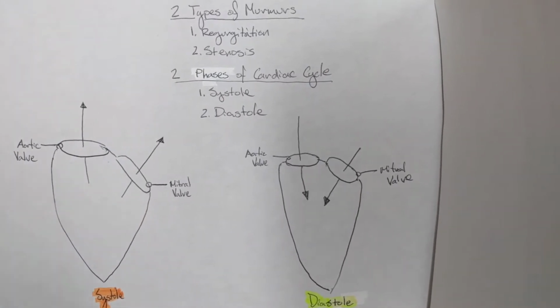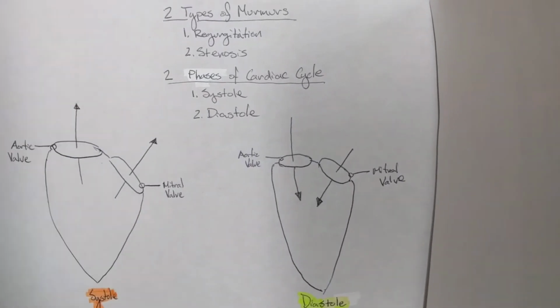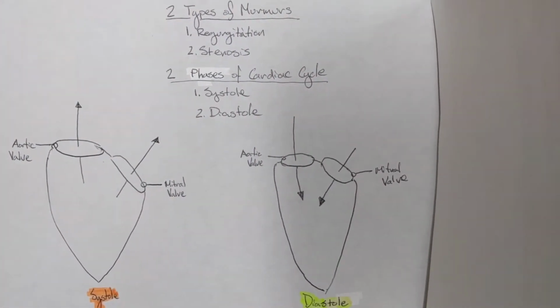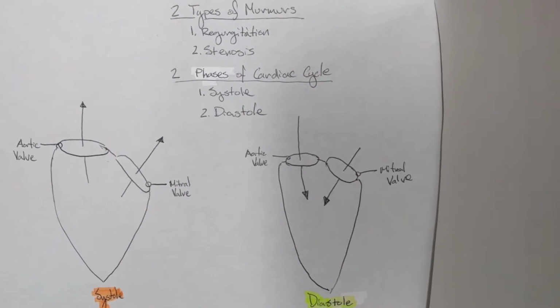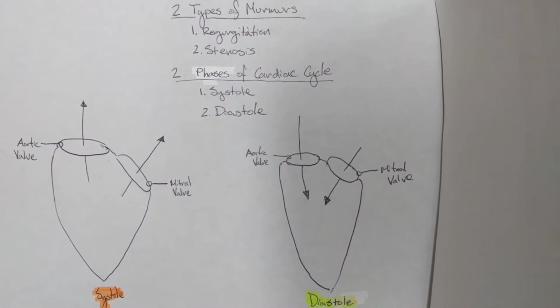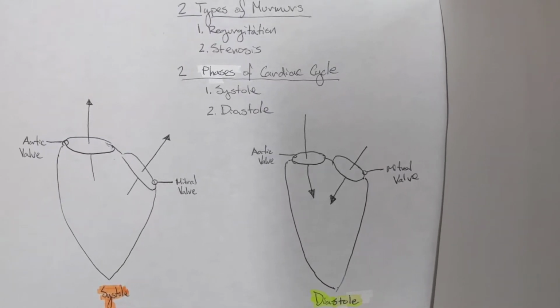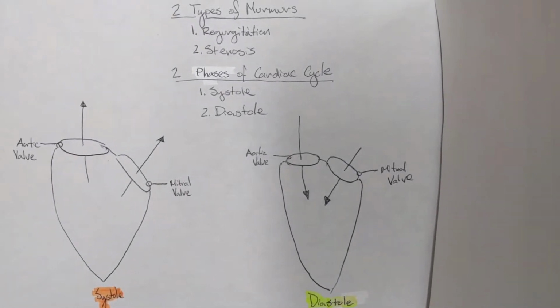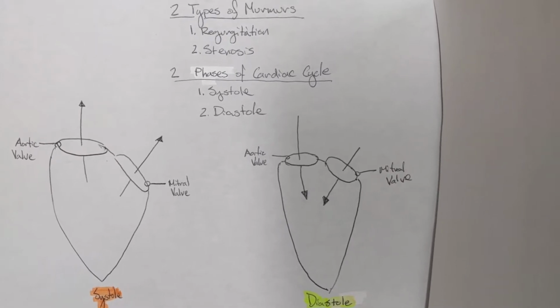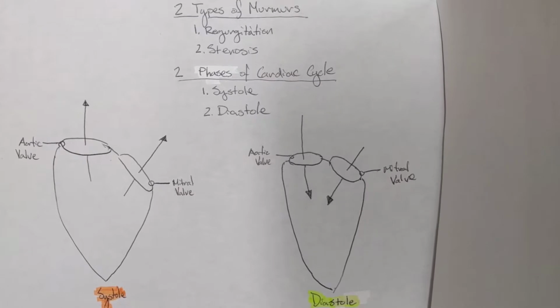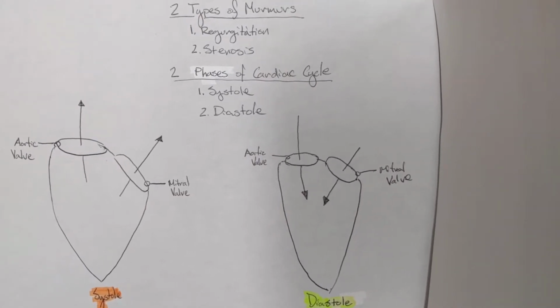The symptoms from aortic stenosis are going to be syncope, angina. You can go into chronic heart failure. You're going to see stenotic aortic valves in elderly patients, and you can also see it in kids that were born with a bicuspid or unicuspid valve.